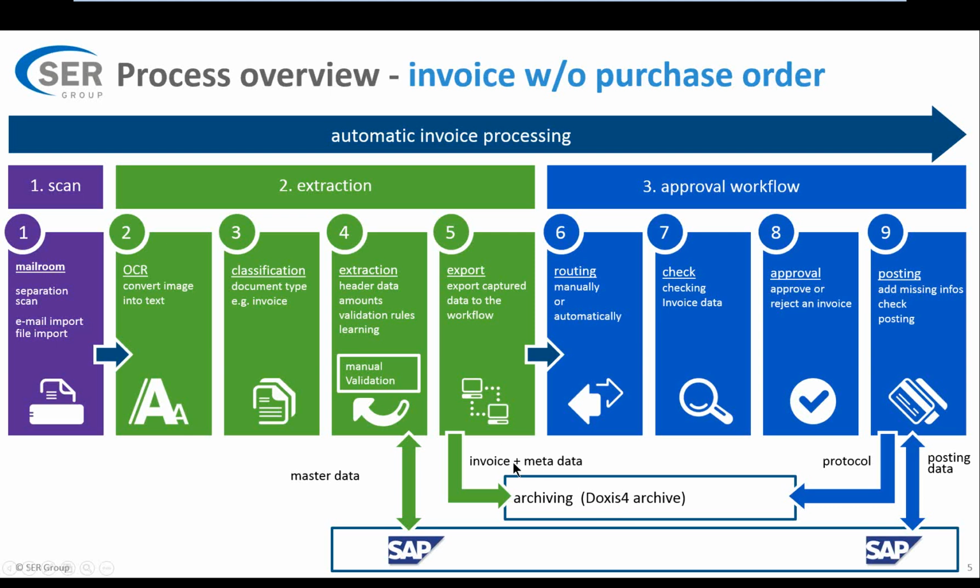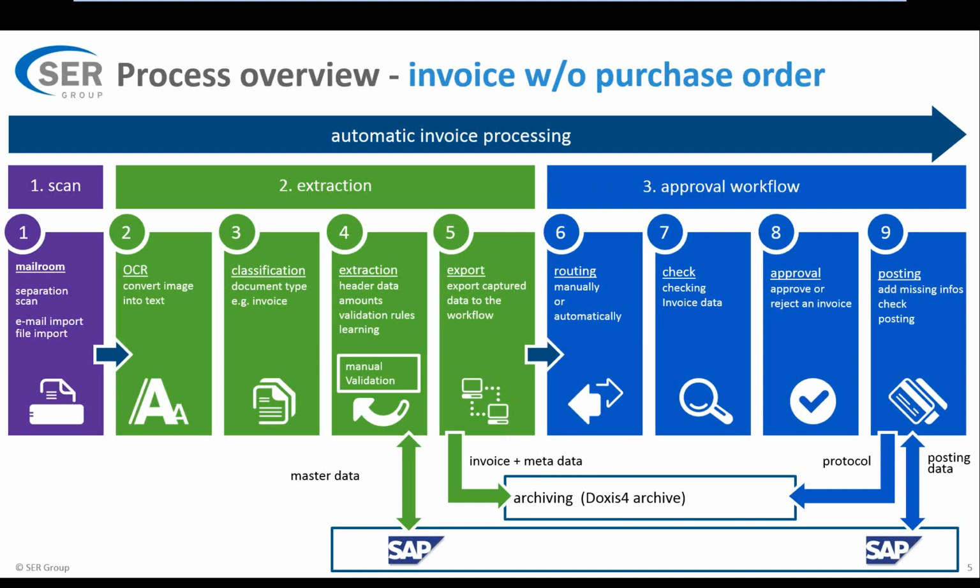So we have your invoice and you have your metadata information from the capture process, and everything is handed over to the workflow part as a third big part. At step 6, we have some sort of routing process. This step can be done manually or automatically.